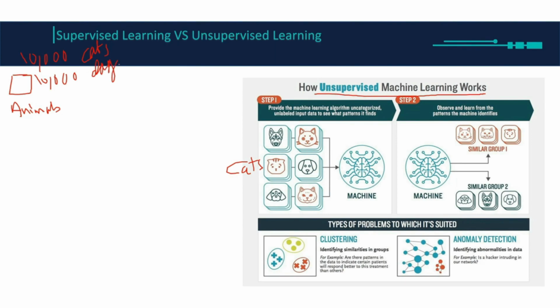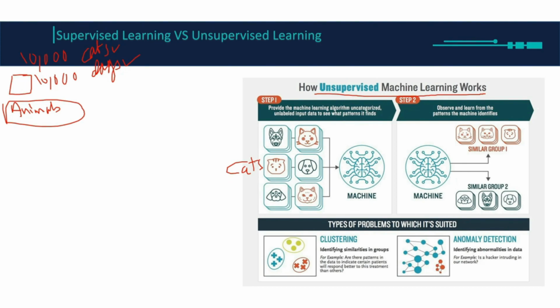Now, as a human, I know these are images of cats and these are images of dogs, and the label is animals. But the machine learning doesn't know that in this folder there are only cats and dogs. Only I know, because I'm the one who collected these images.